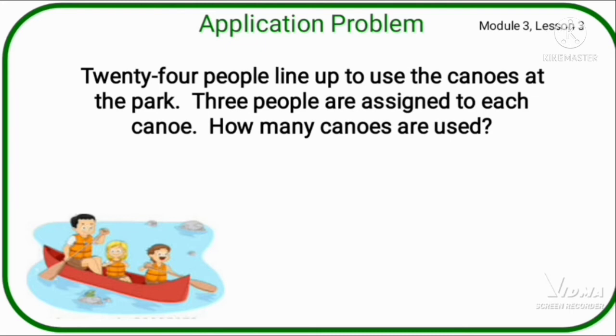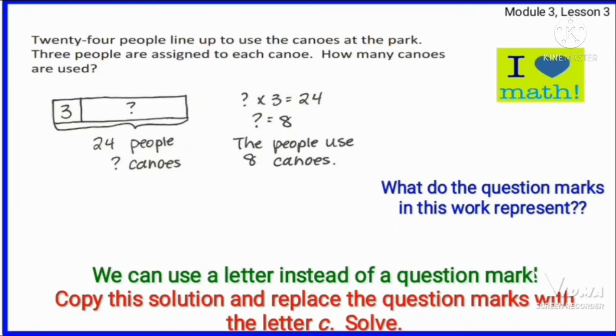Now as you do, this is how I solved mine. Remember the 24 people that want to use the canoe, and each 3 persons assigned to one canoe. So how many canoes would they use? This would be 24 divided by 3.